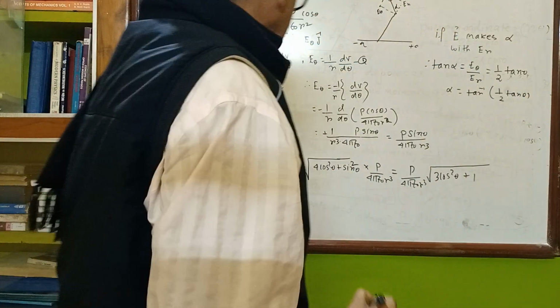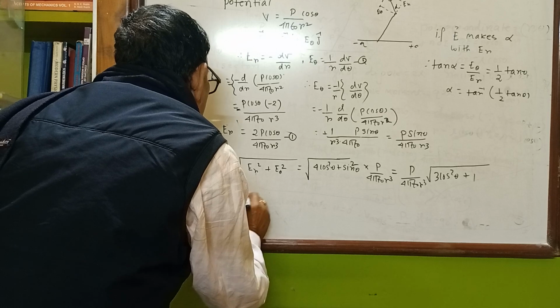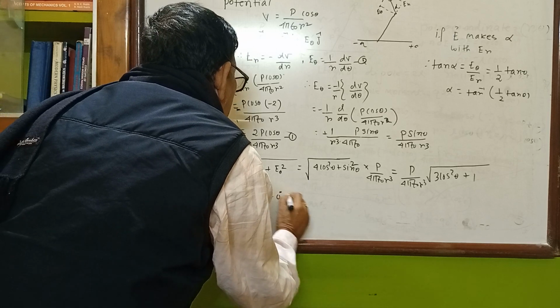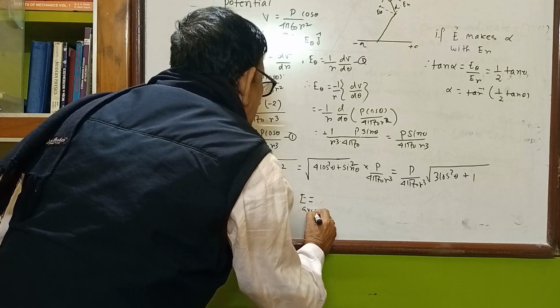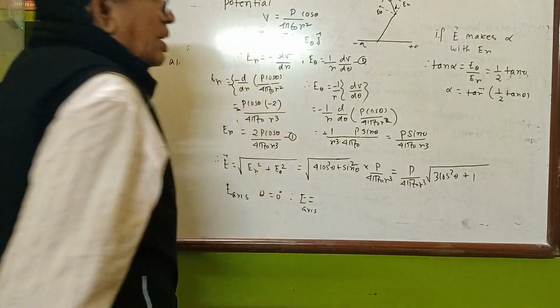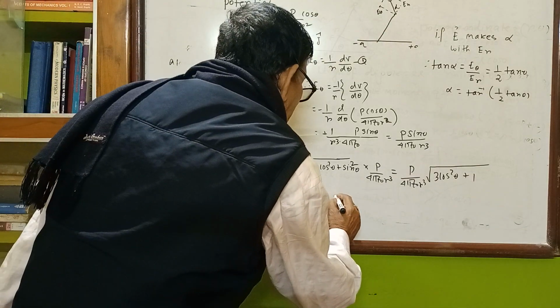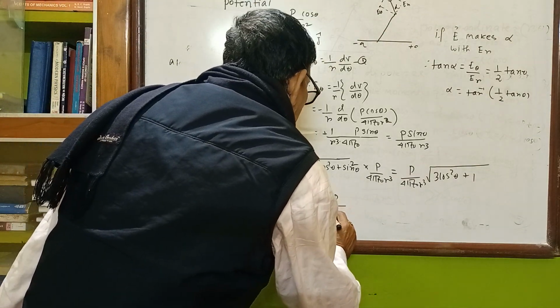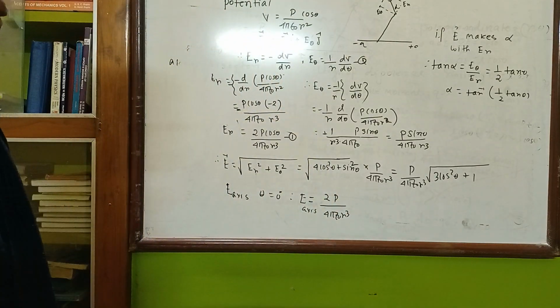Now case 1: E along the axis, then theta equals 0 degree. Cos 0 is 1, so E axis will be 2p by 4 pi epsilon naught r cube. Clear?